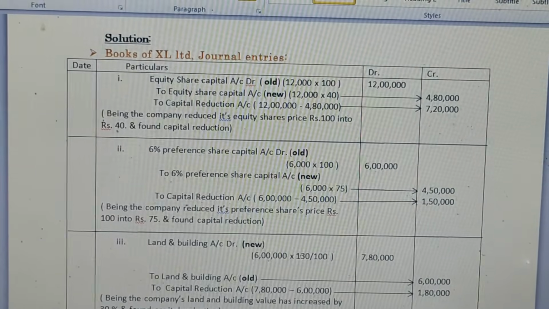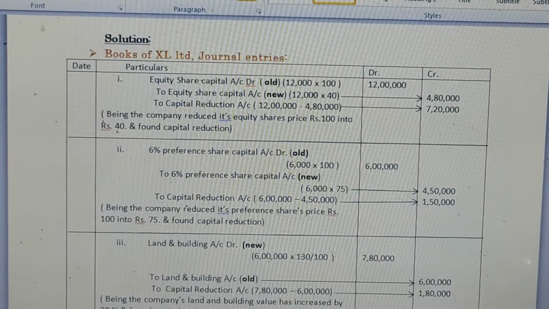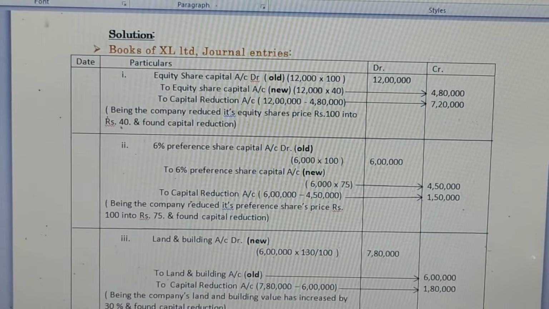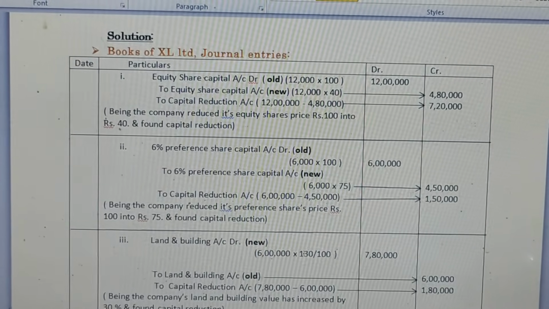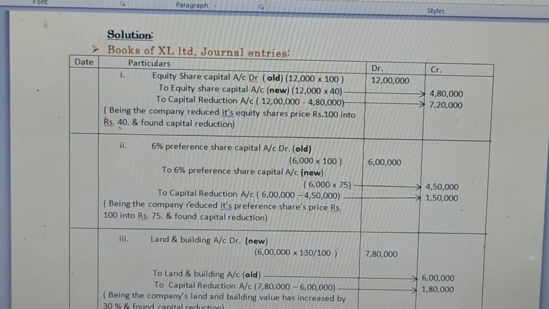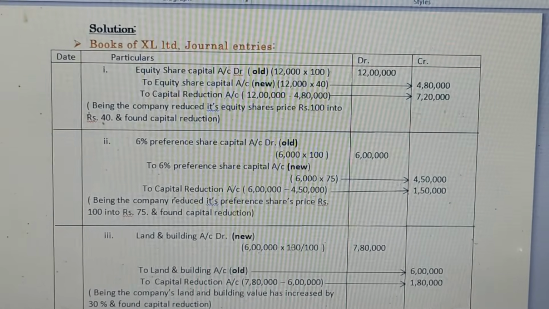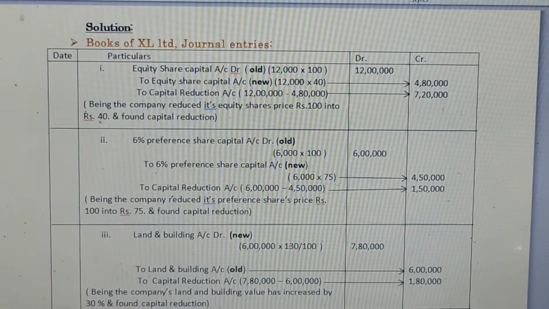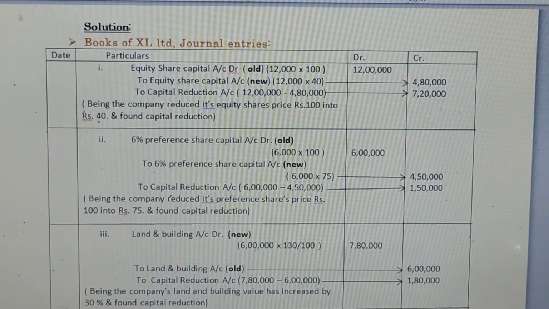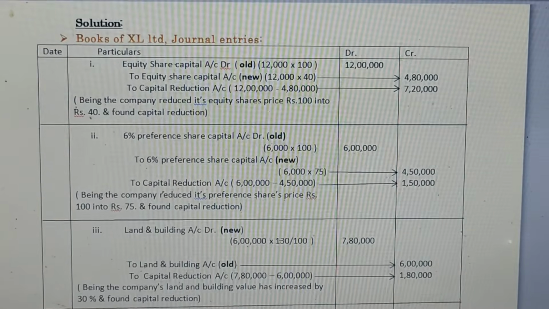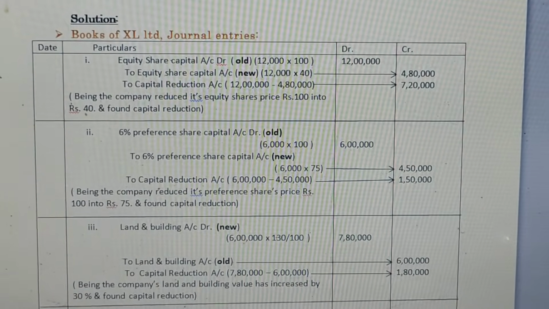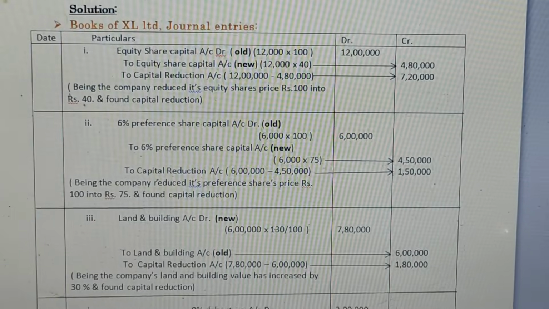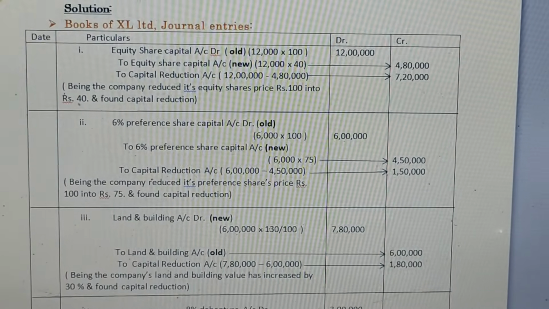First we have to mention the equity share capital account debit, it's the old value. It means as per the balance sheet value, the number of equity shares is 12,000 and the price of each share is 100. So the total amount of equity share capital old value is 12 lakhs. It means 12,000 multiplied by 100.